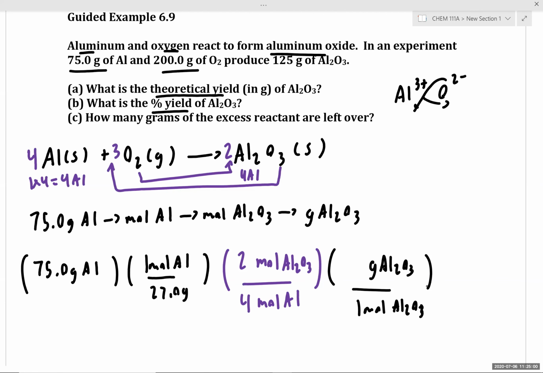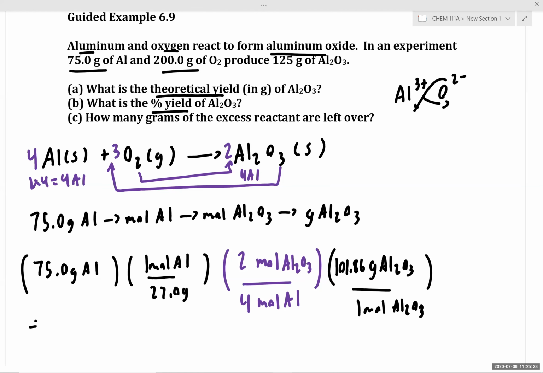Just to make sure everyone's comfortable calculating the molar mass of different compounds. 101.86, good, good. Okay, so let's punch this into your calculator.